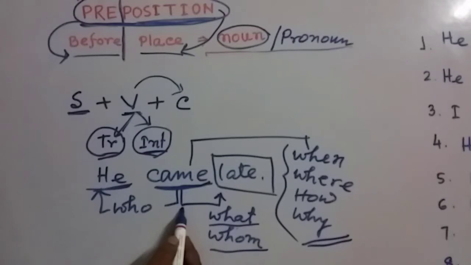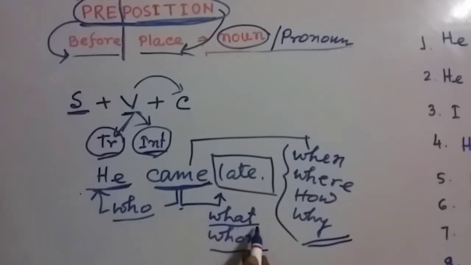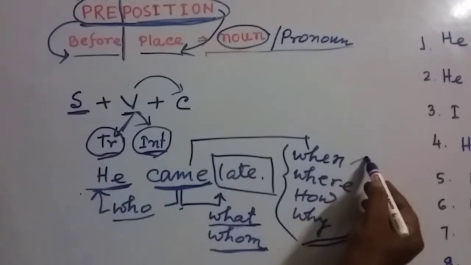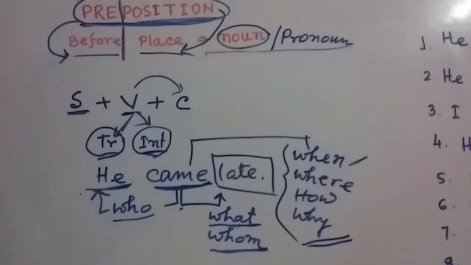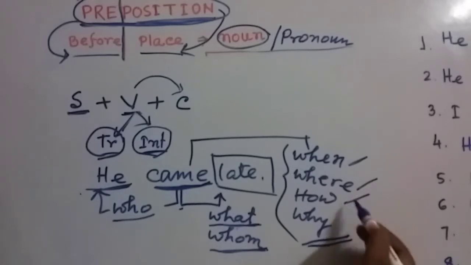If you ask the verb by who, you will get the subject. If you ask the verb by what or whom, you will get the object. And if you ask the verb by when, you will get adverb. If you ask by where, you will get adverb. How often, how many times, all these responses are adverbs. Why, all these are adverbs.